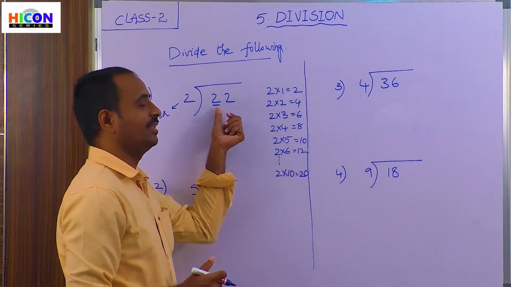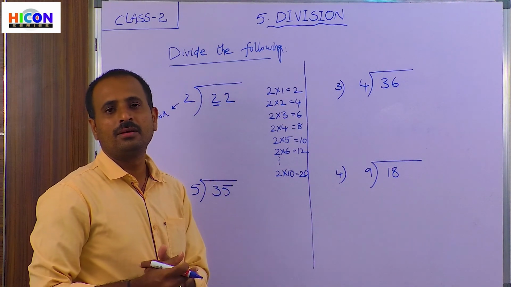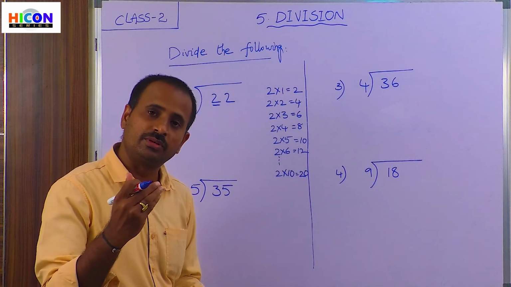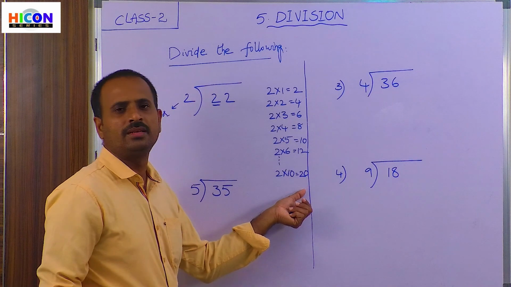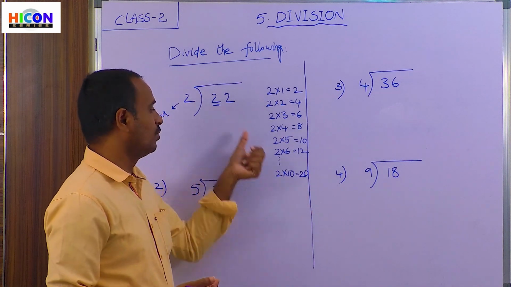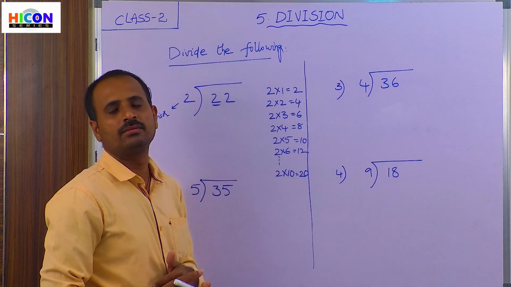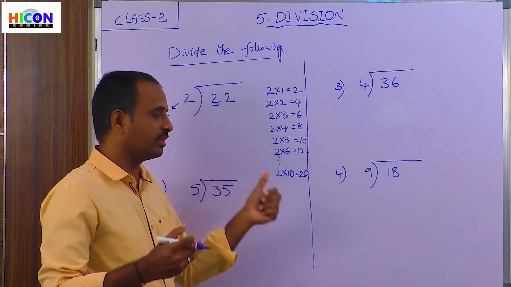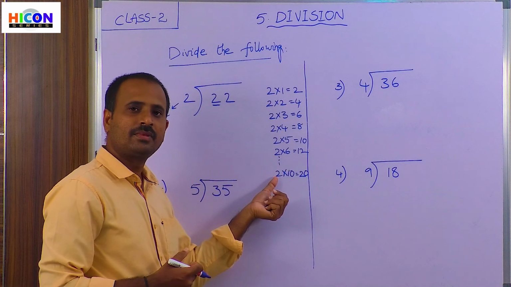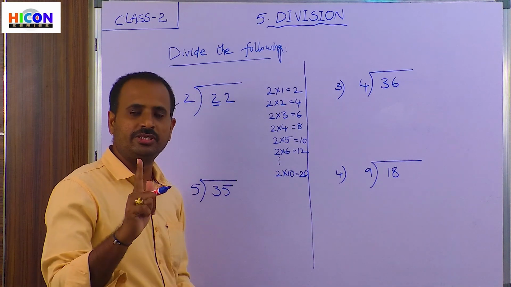So children, they have given the number 22, but we have learned the tables only up to 10 twos. That is, 10 times 2 is 20, but there is a number more than 20, that is 22. So if the dividend is more than 10 times, then we have to take each digit.